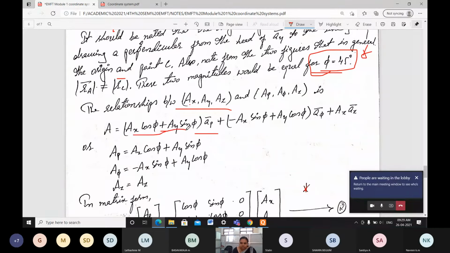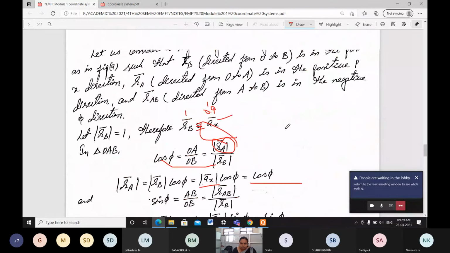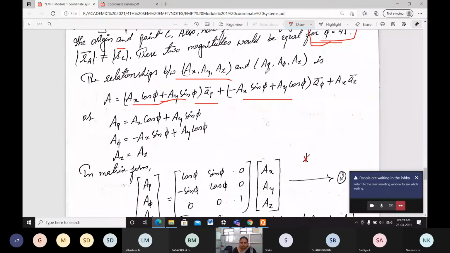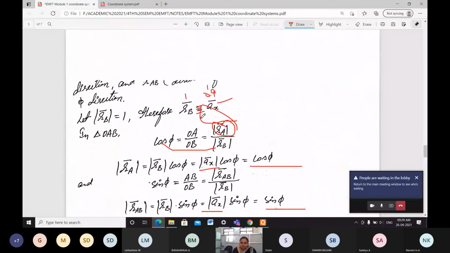These equations are based on cos phi, sin phi, minus sin phi, cos phi. Based on this, we are writing those equations with unit vectors here. Or else I can write A rho is going to be AX cos phi plus AY sin phi.